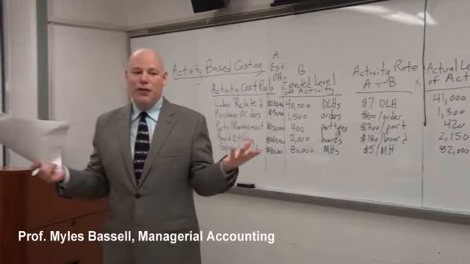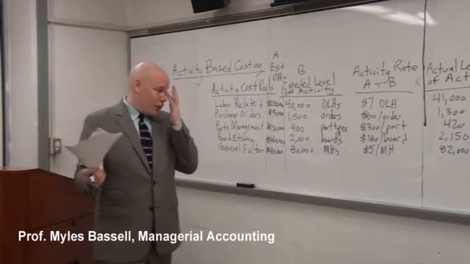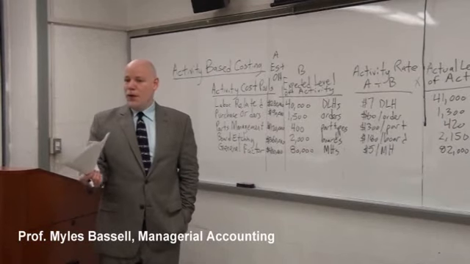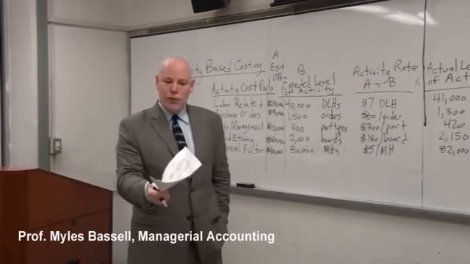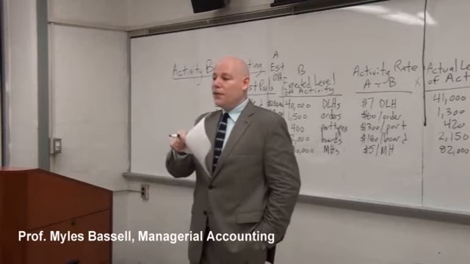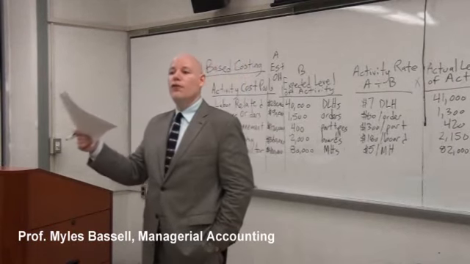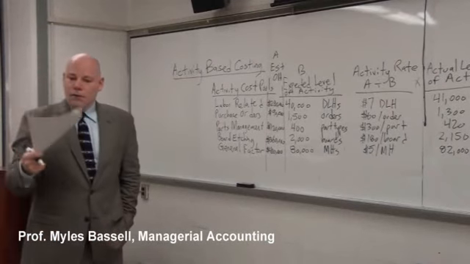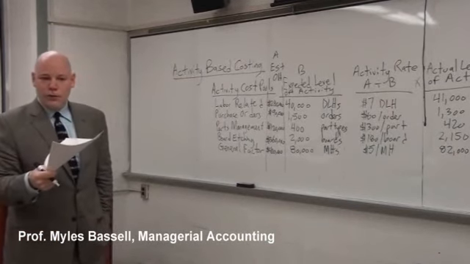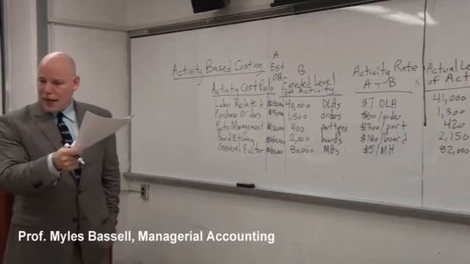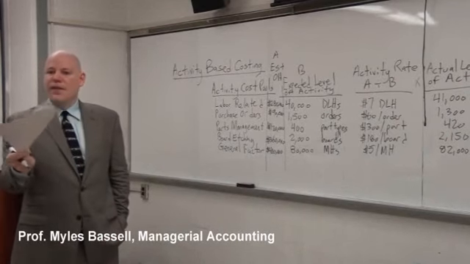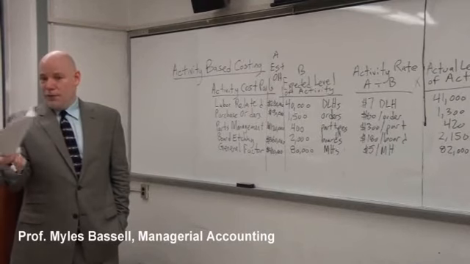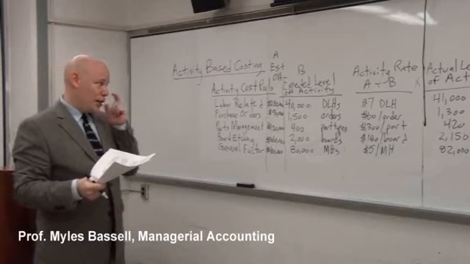Like we looked at when we did the schedule of cost of goods manufactured, we found what it costs us to produce the product, and then we took that information to determine the cost of goods sold. Based on our sales, we subtract the cost of goods sold to give us the gross margin, and from that we subtract the selling, general, and administrative expense, which is our operating expense, the SG&A.